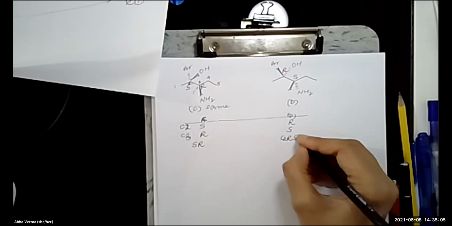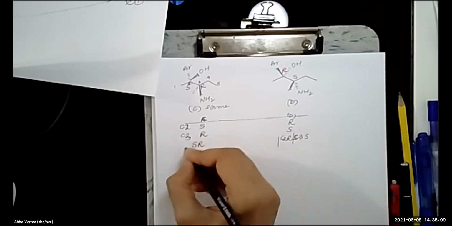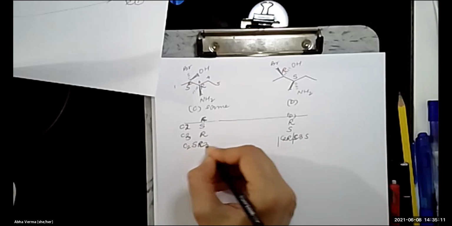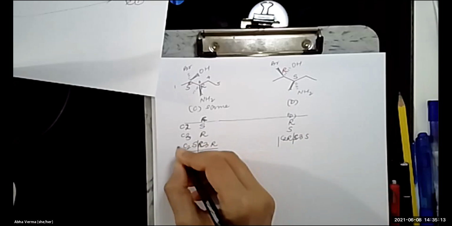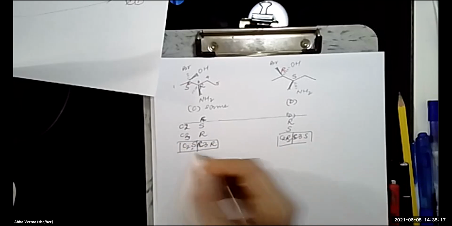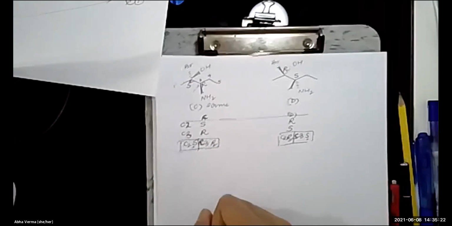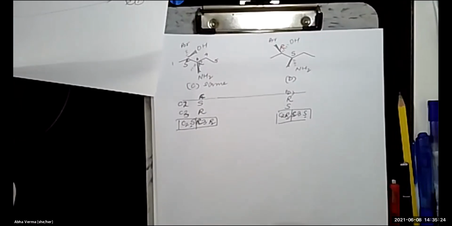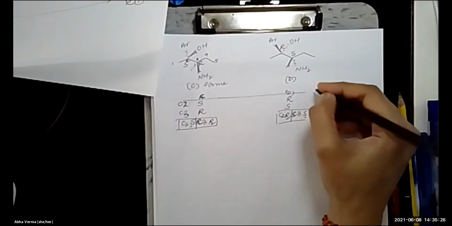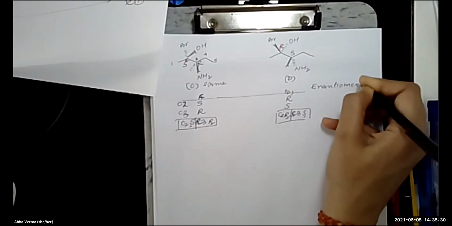C2 is R, C3 is S. C2 is S, C3 is an R. Because I have exactly opposite configurations here, I will say that C and D are enantiomers.